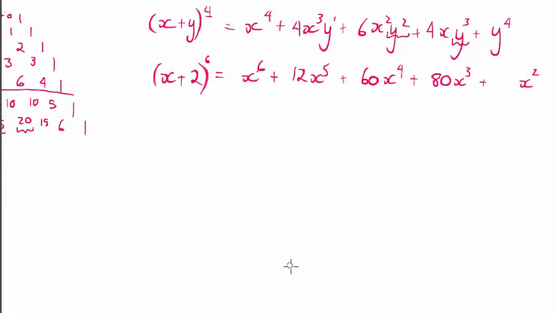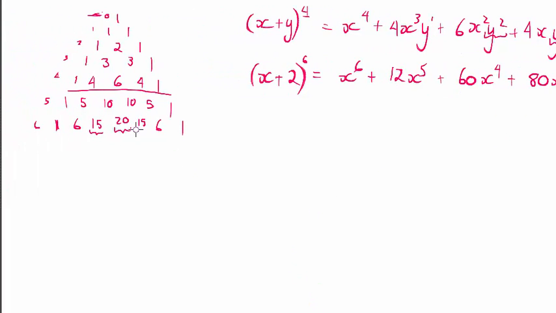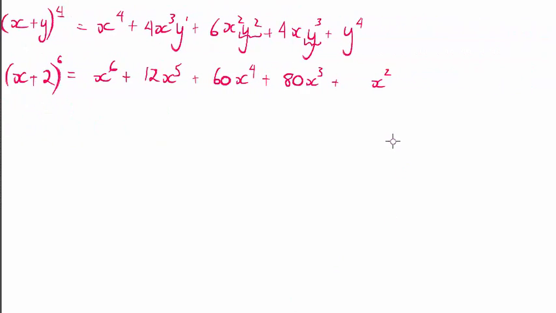So 2 to the power of 4 is 16. 16 now gets multiplied with 15, my next coefficient. 15 times 10 is 150. 15 times 6 is 90, so it's 240.